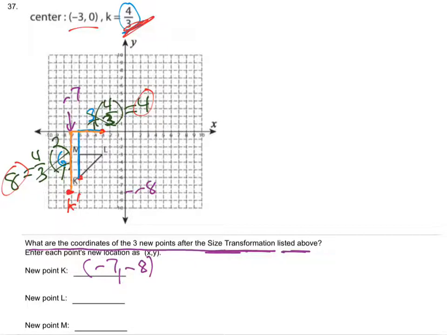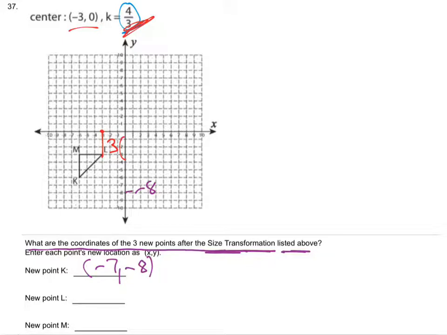All right, let's do the same thing for L and then M. So again, from the center, back 3, up 0. Let's do L. How do you get to L? Well, you just go down 3. Straight 3. You don't go over at all. So then multiply that by 4/3, because we're making everything 4/3 as big.